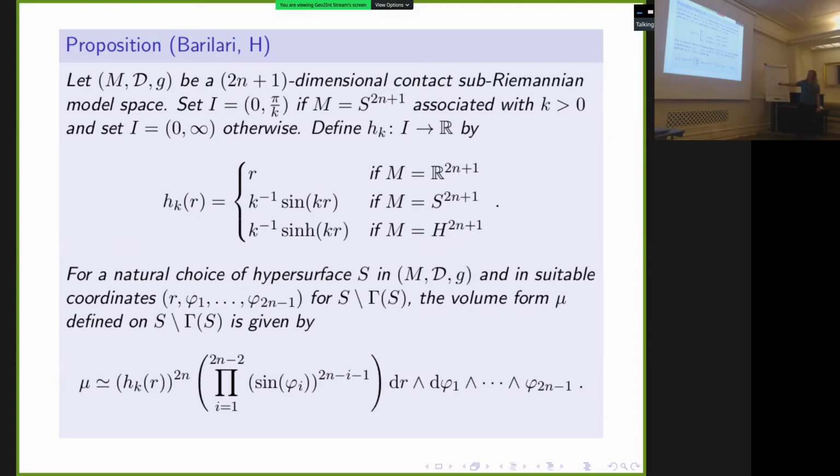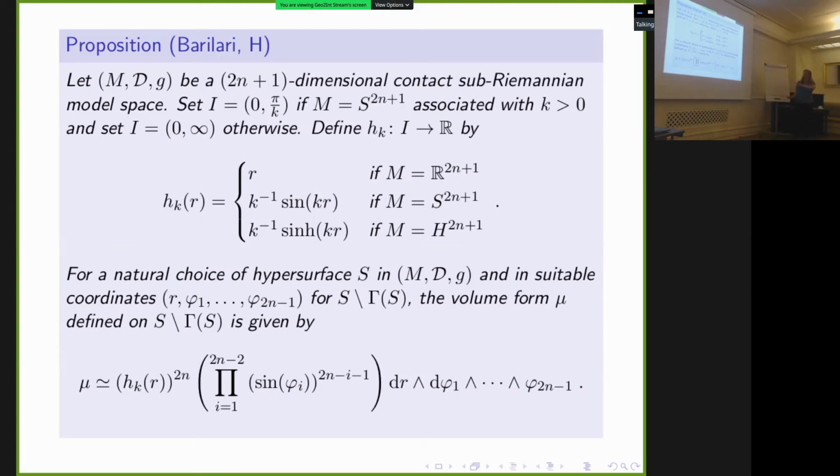But if you look at this expression for long enough, remember we now have a volume form in a 2n-dimensional space. If this 2n was a 2n minus 1, it would be exactly the volume form, subject to a constant, that you obtain on Euclidean space, sphere, and hyperboloid.